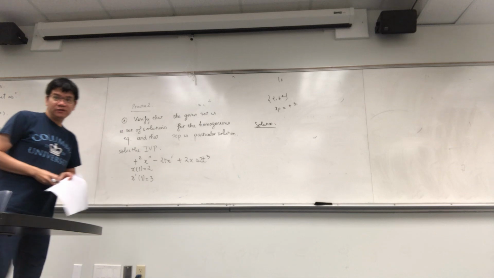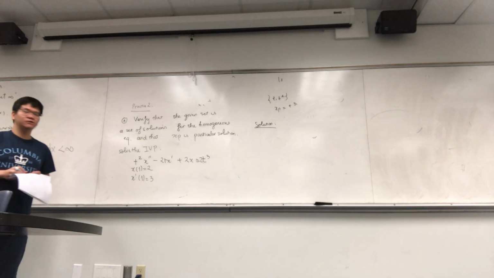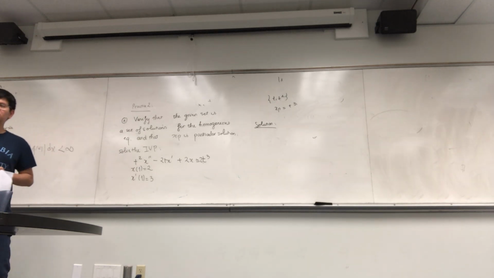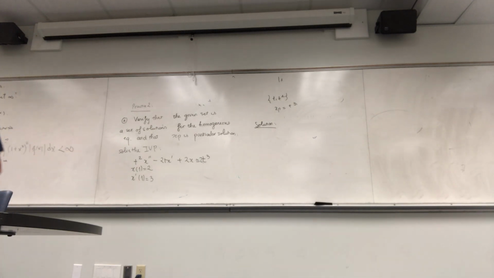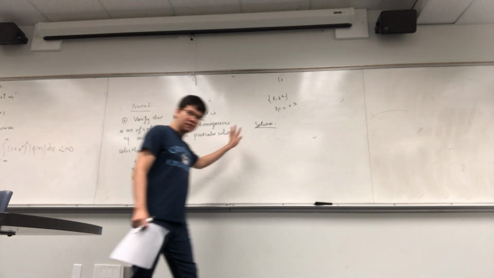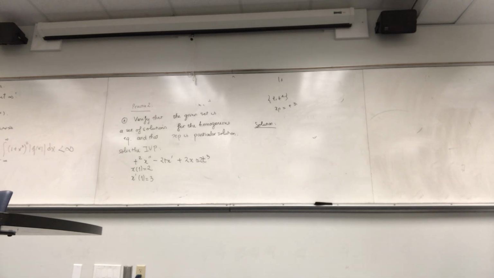In this question, the first part is trivial, because I asked you to verify that those are solutions of the equation. Basically what you have to do is just plug them into the equation, and you see that they are solutions. It's the easiest one to give you points.